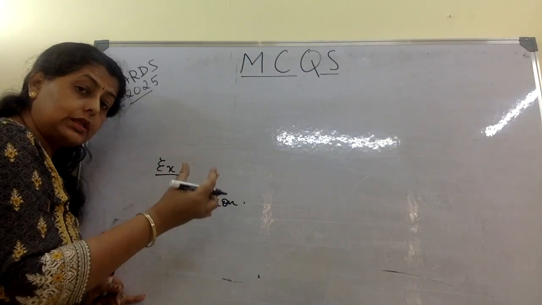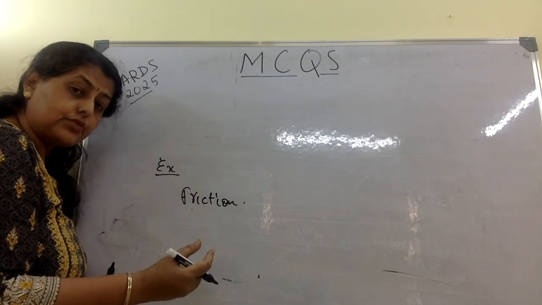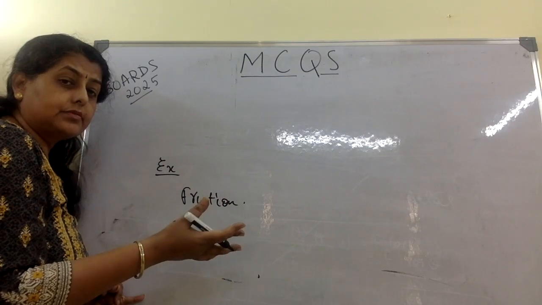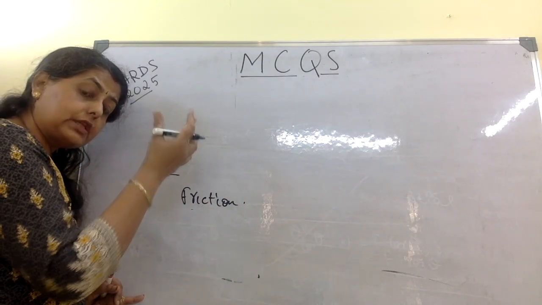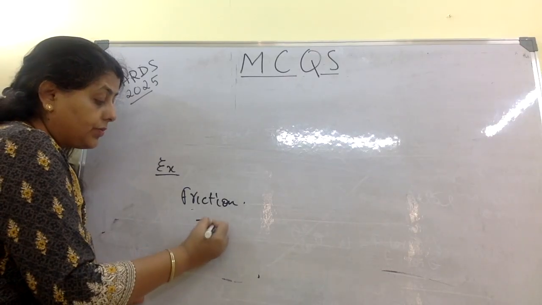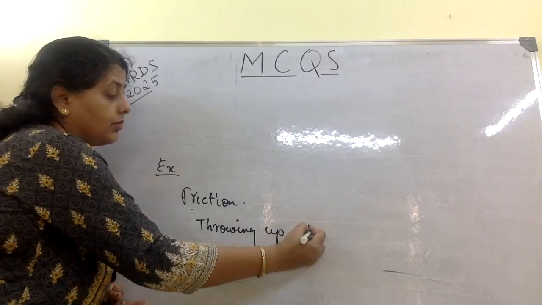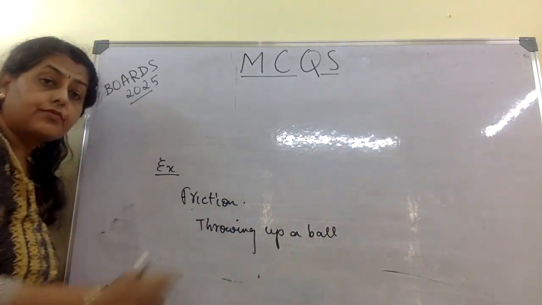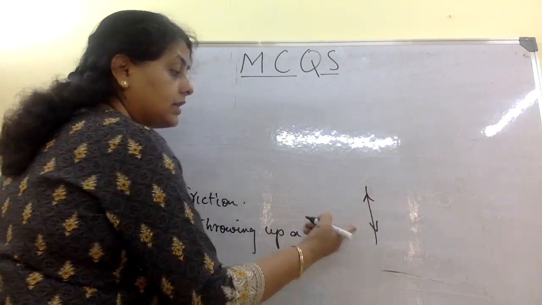So actually the force of the weight of the ball is working downwards. That's the force due to gravity, acceleration due to gravity, but you are throwing it against the force of gravity, and hence throwing up a ball can also be counted as negative work. Remember, force is working here and displacement is happening like this.